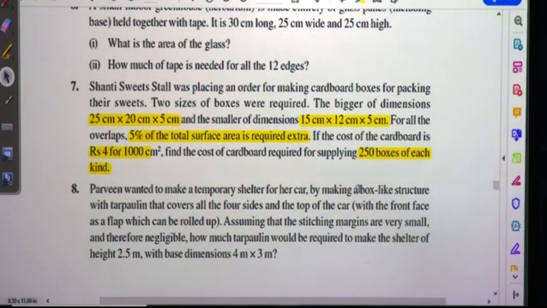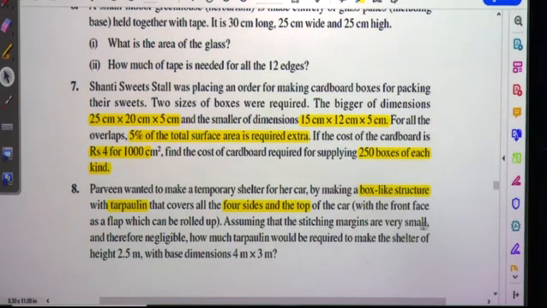It is covering all the 4 sides and the top of the car, with the front face as a flap which can be rolled up.